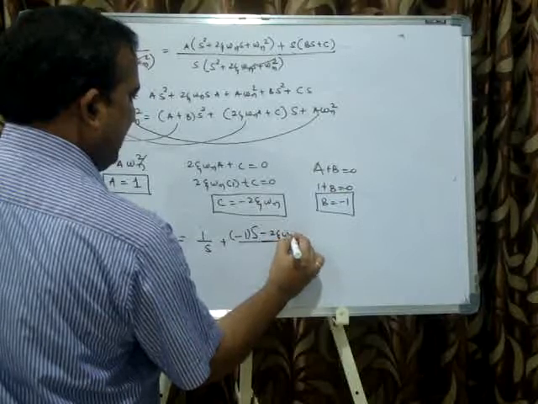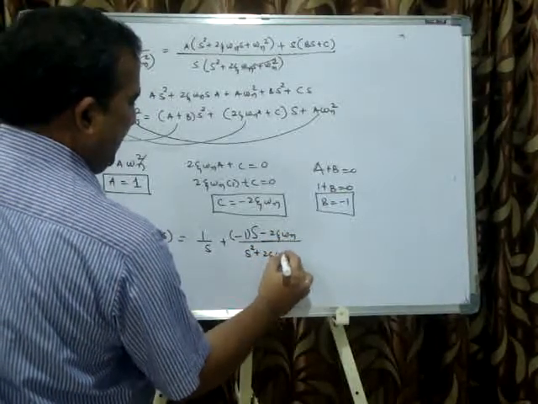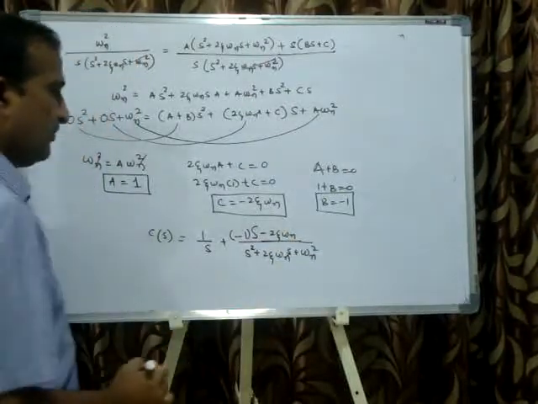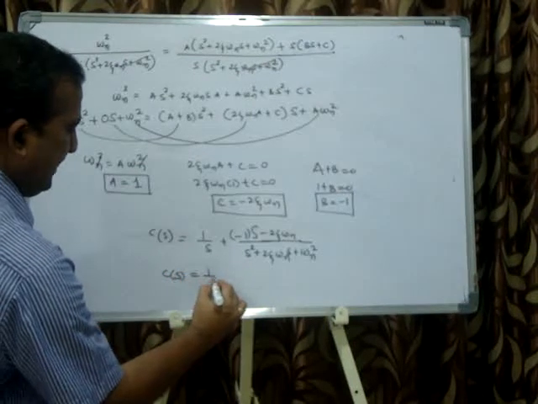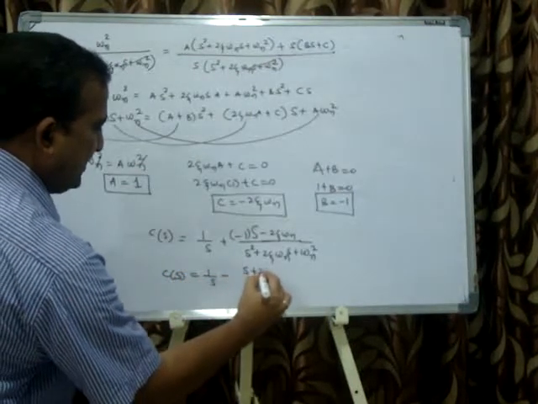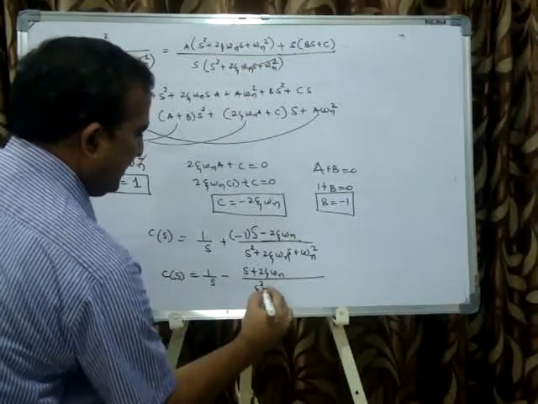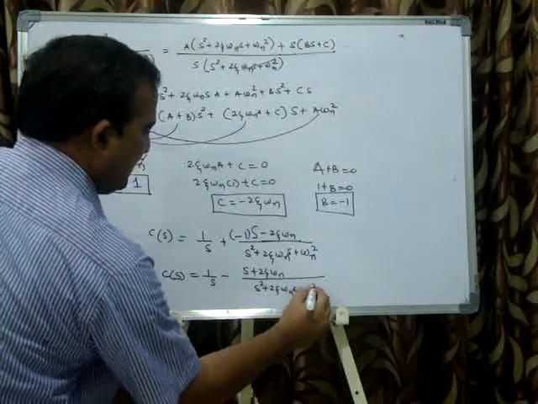Minus 2 zeta omega n divided by S square plus 2 zeta omega n S plus omega n square. Now I'll write C of S equal to 1 by S minus S plus 2 zeta omega n divided by S square plus 2 zeta omega n S plus omega n square.